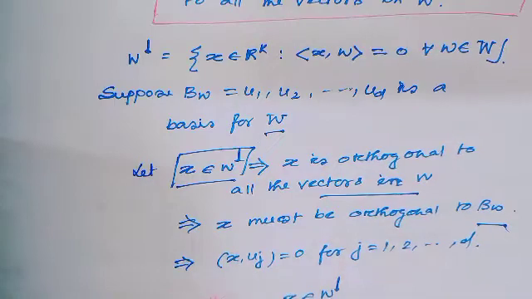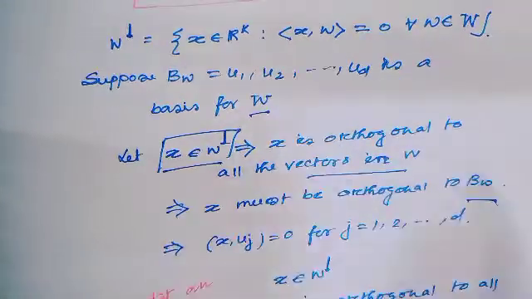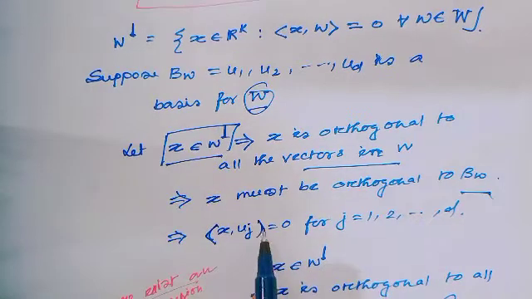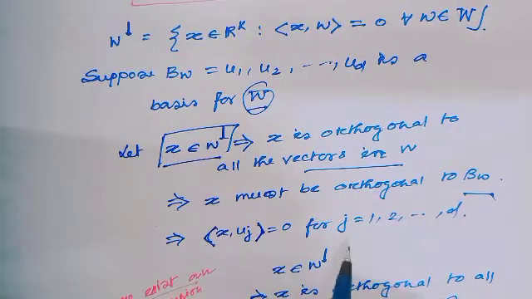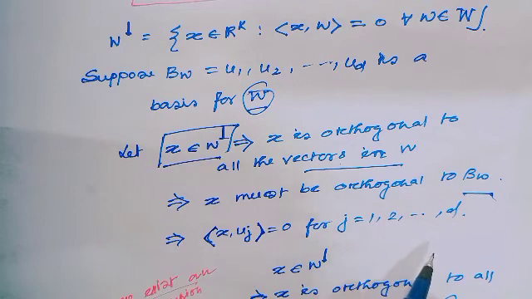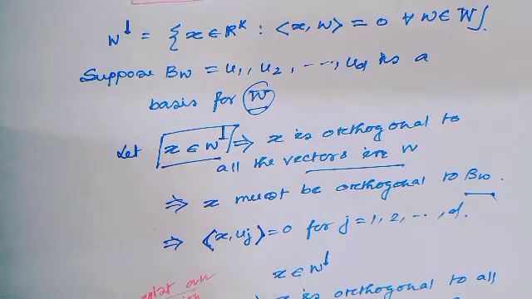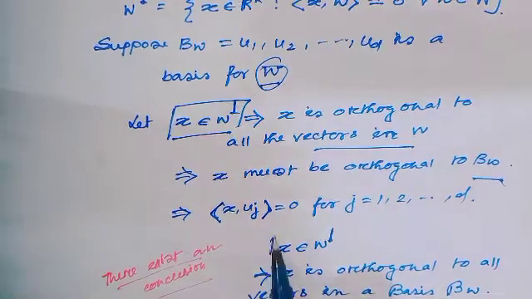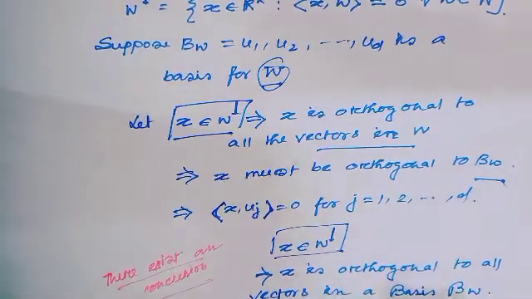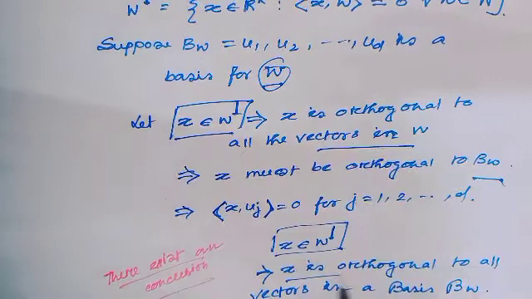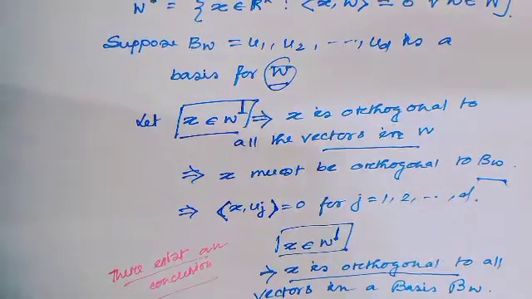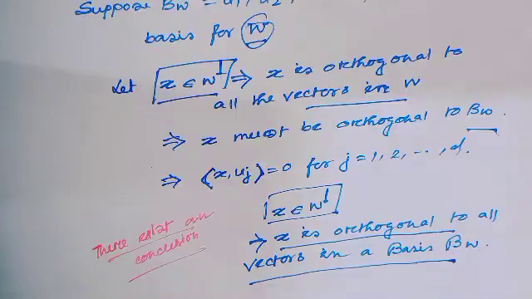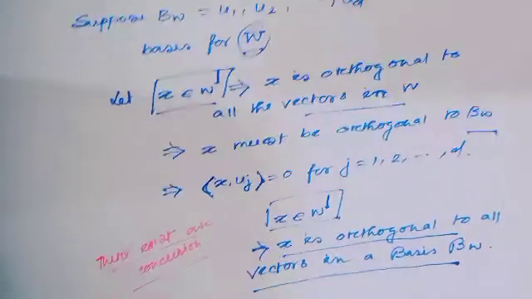Since u1, u2, up to ud are the basis vectors of W, the inner product of x with uj equals 0 for j equal to 1 up to d. That means x belongs to W perp means x is orthogonal to all basis vectors of W. Are you getting this conclusion?